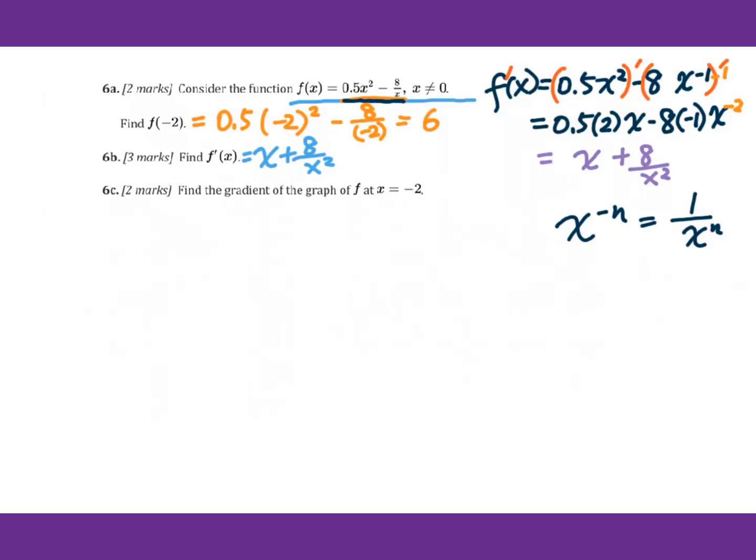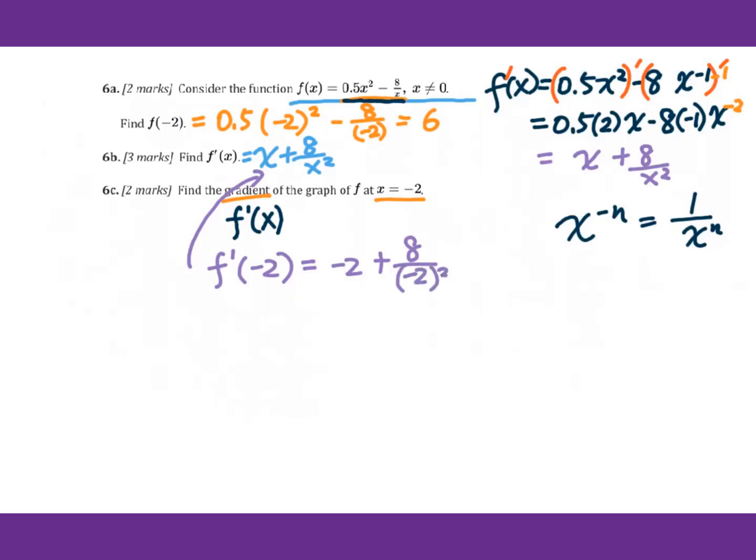For 6c, find the gradient of the graph of f at x equals negative 2. Gradient means derivative. So the gradient of the graph of f at x equals negative 2 means f prime of negative 2 equals, we plug in here, negative 2 plus 8 over negative 2 squared.